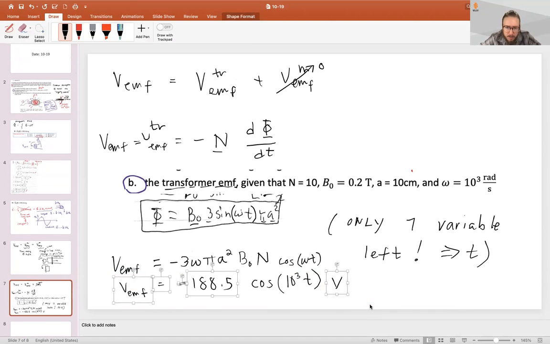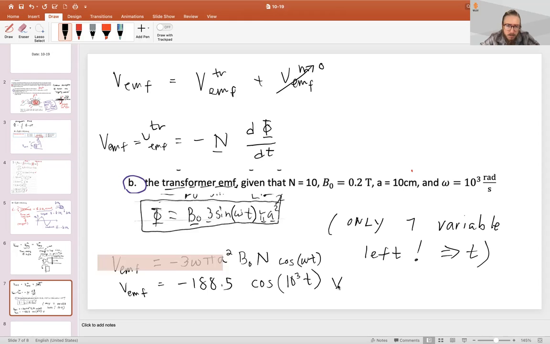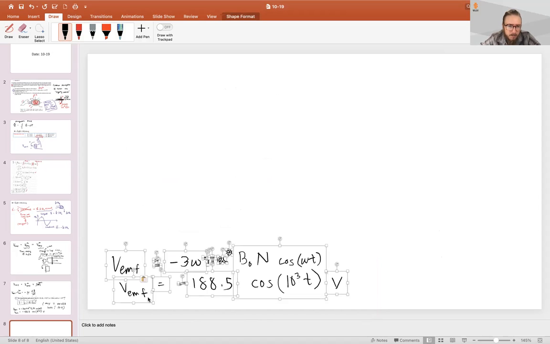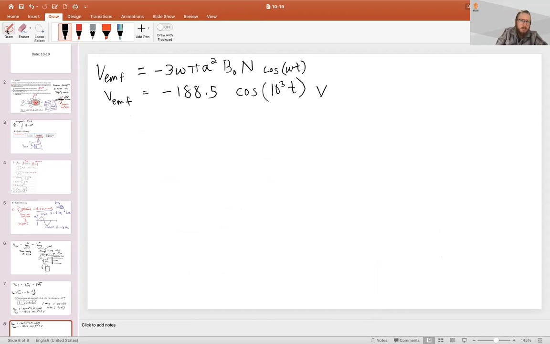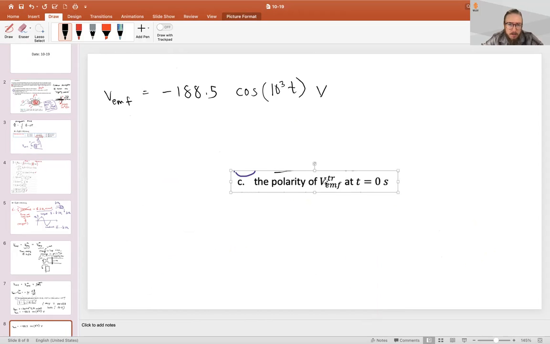So let's find the polarity of this at time equals 0 seconds.